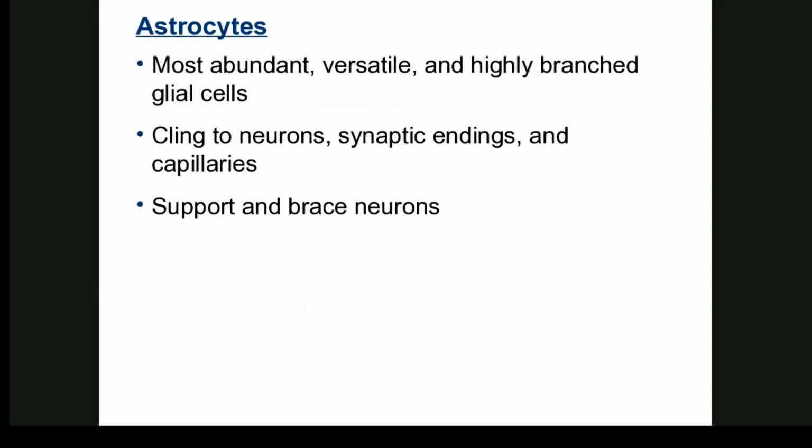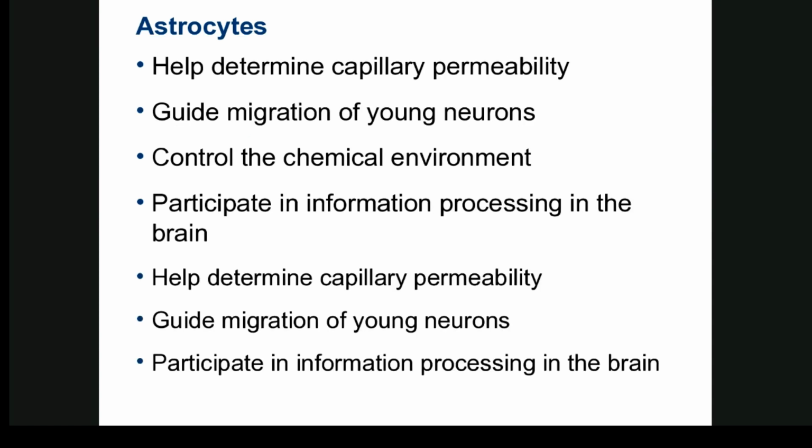here, astrocytes. Abundant, very versatile, highly branched, and they cling neurons to synaptic endings, capillaries, support and brace neurons. They also help determine capillary permeability, so they're involved in the blood-brain barrier.